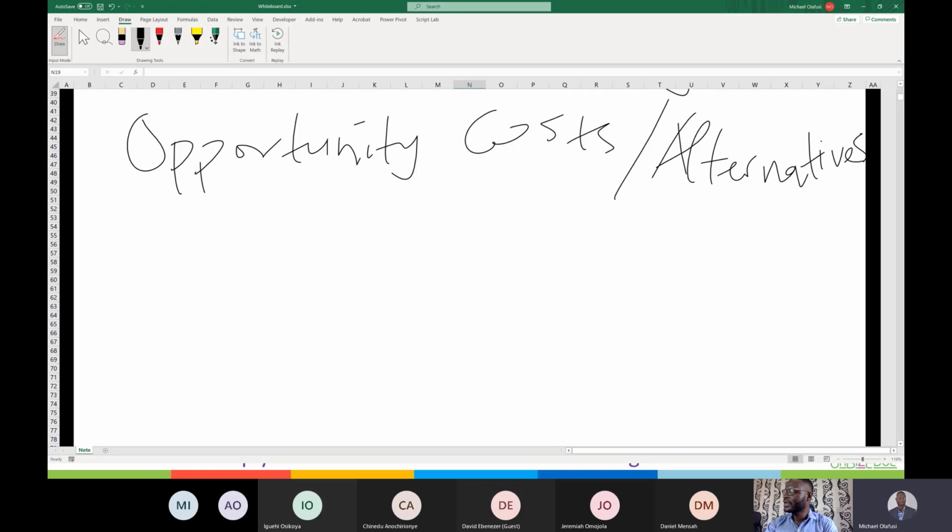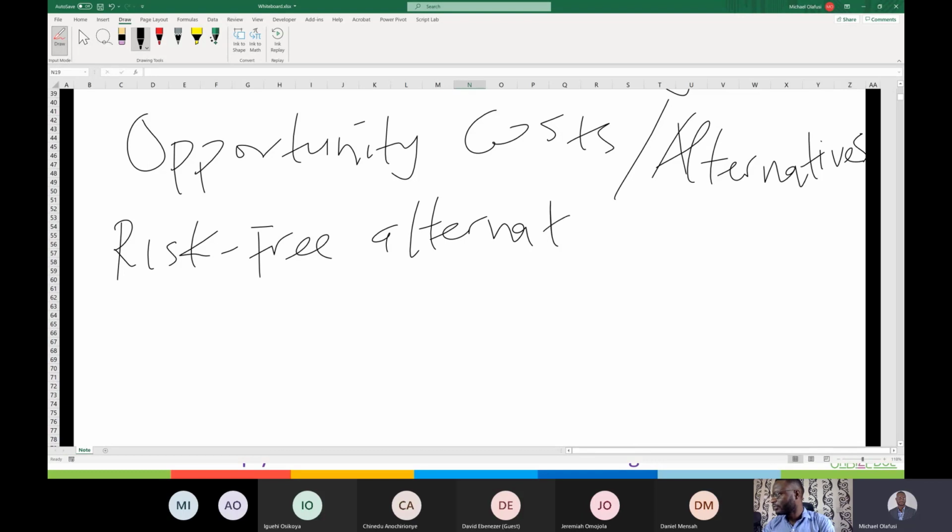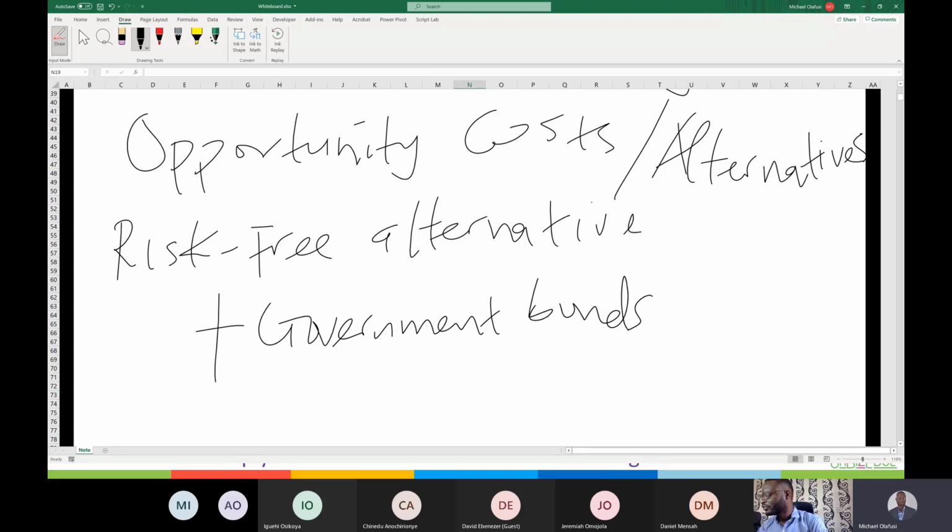Number one is everybody has what we call a risk-free alternative. The risk-free alternative is popularly taken to be the government bonds, which in Nigeria, you know, you can just look at the Treasury FGN bonds.